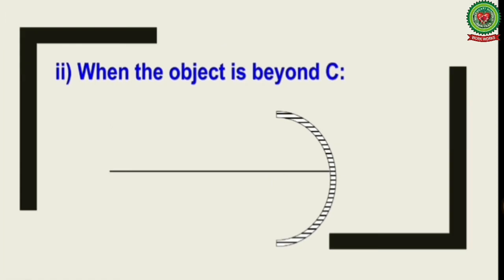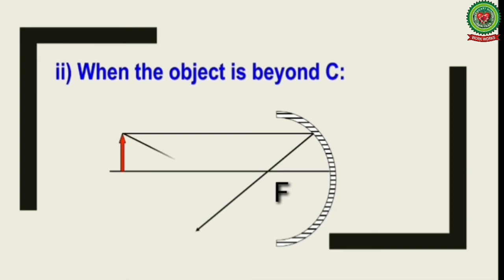Now let's move closer to the mirror, when the object is placed beyond center of curvature. Students, the ray which is parallel to principal axis after reflection passes through the focus, and the ray passing through the center of curvature retraces its path. So these rays after reflection meet at a point between center of curvature and the focus.